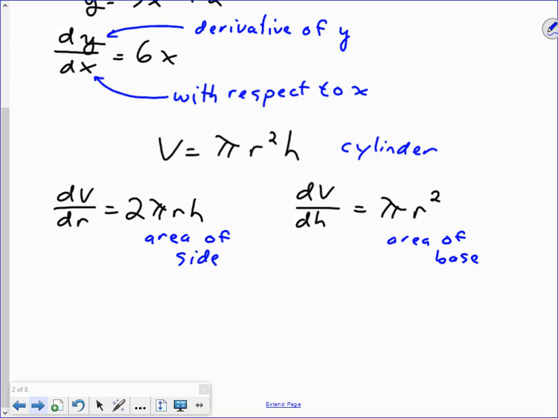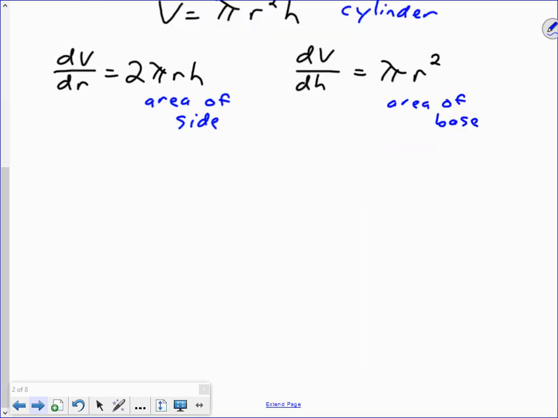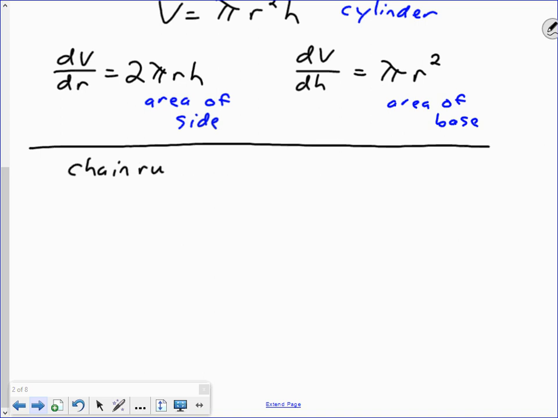Now, this becomes particularly interesting when we look at how we can apply the chain rule in this Leibniz notation. So let's say we've got a function that is defined as y equals f of g of x. And we want to find the derivative of y with respect to x.